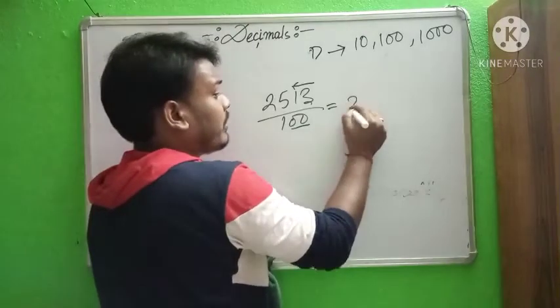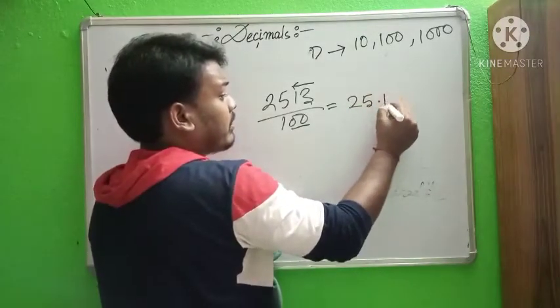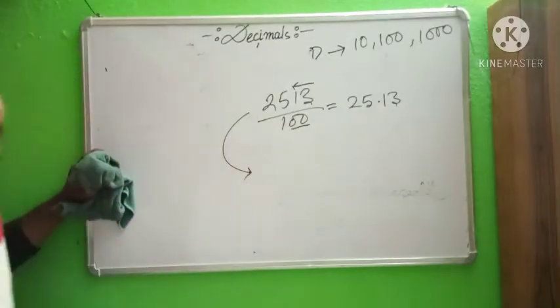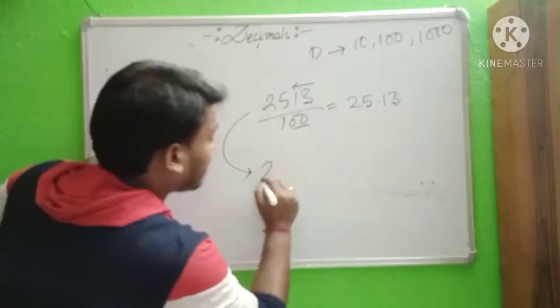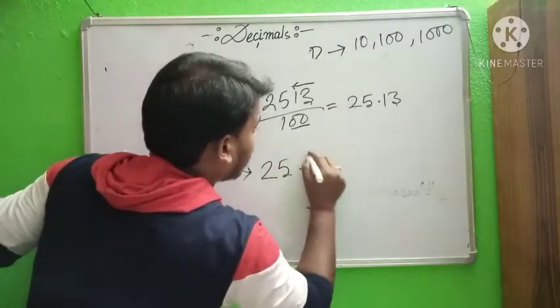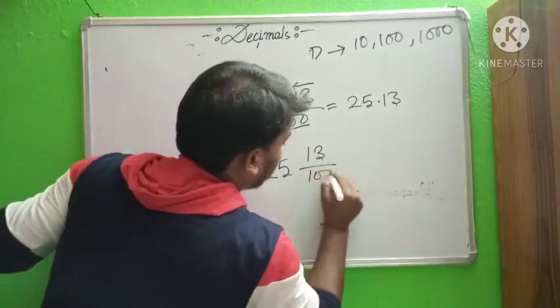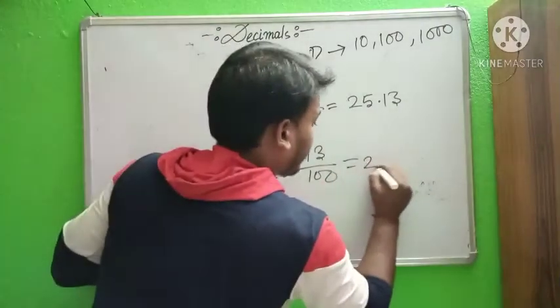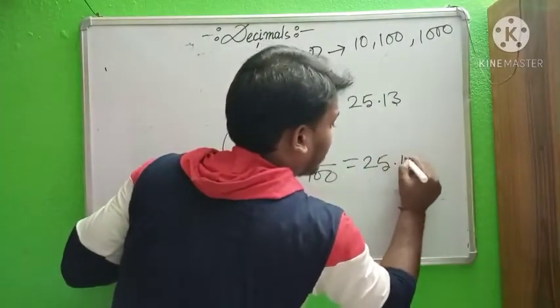So it becomes 25.13. And if we convert this fraction into a mixed fraction, then it becomes 25 whole 13 by 100. So from here we can say that 25.13.